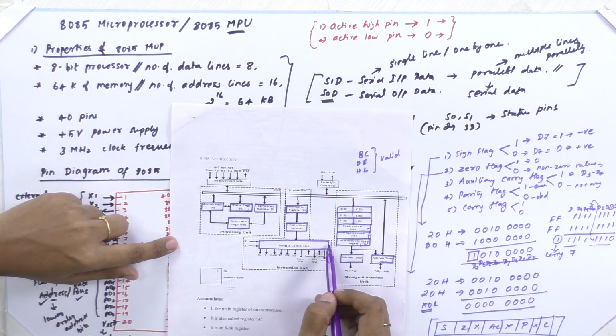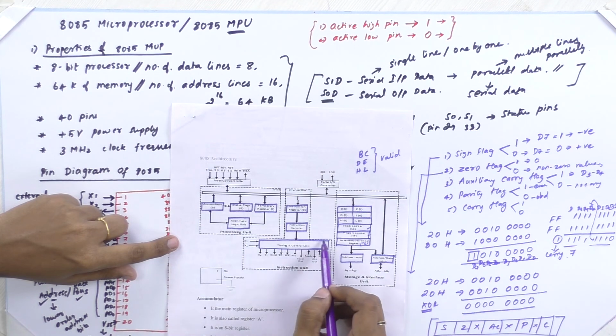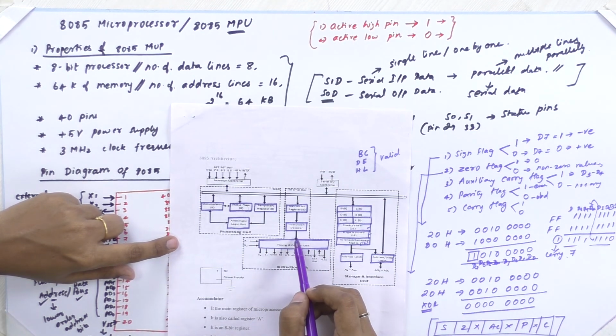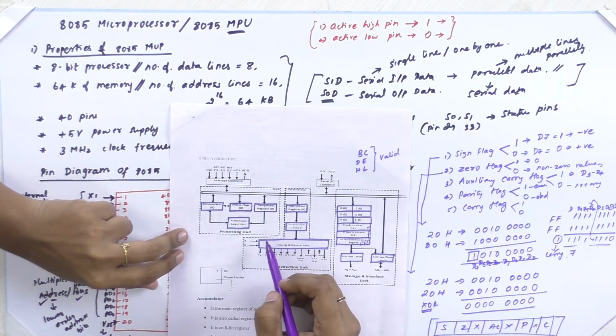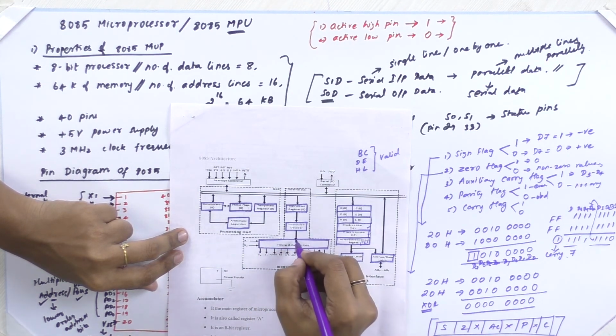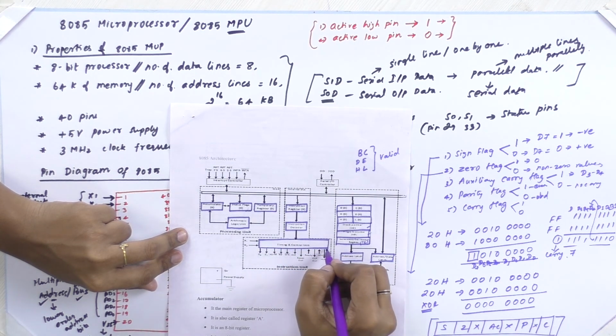The function of this timing and control unit is to receive the number of machine cycles for the current instruction, and it will be executed by this unit.